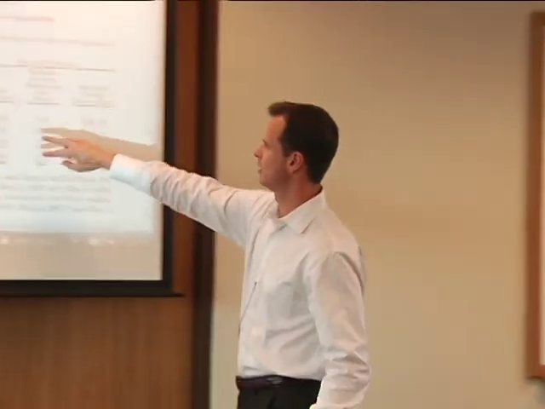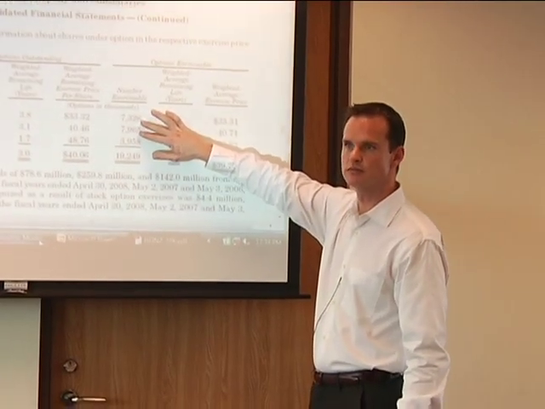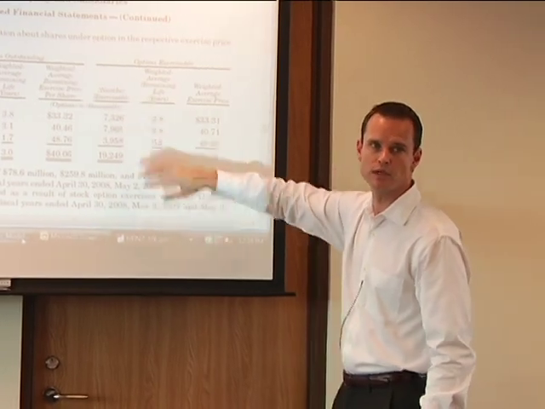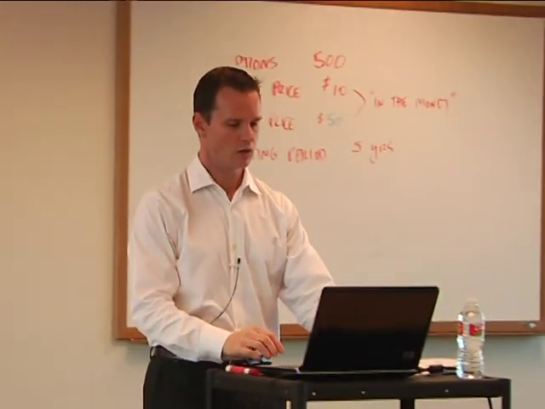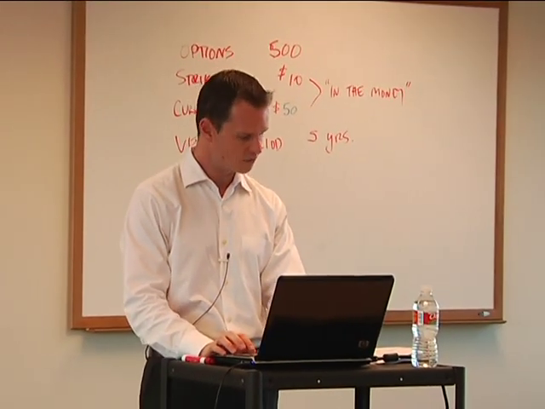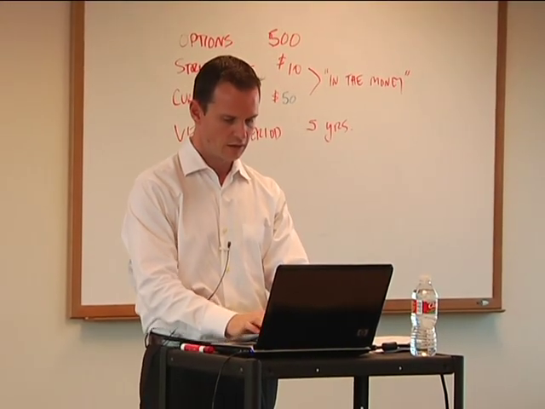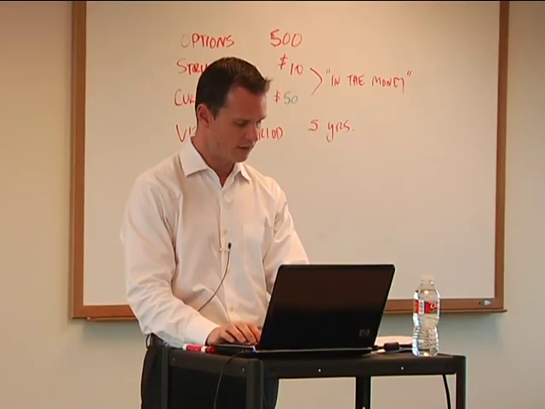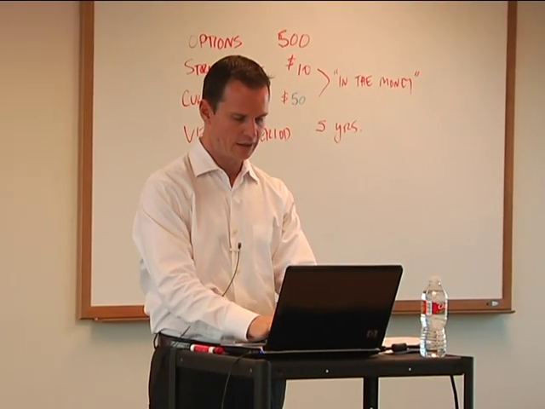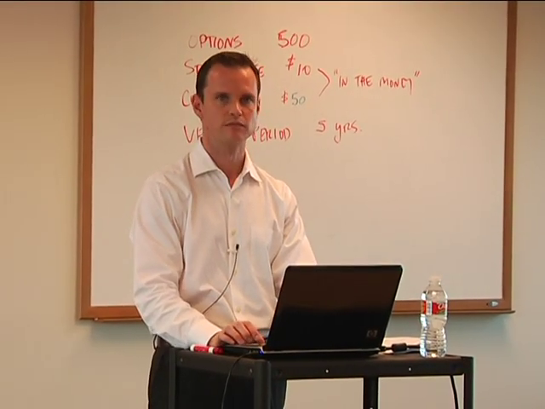I've just captured these 3 numbers. That's where I got them. And then down below, I need to enter the corresponding exercise prices: $33.31 for the first grouping, $40.71 for the next, $49.83 for the last grouping.